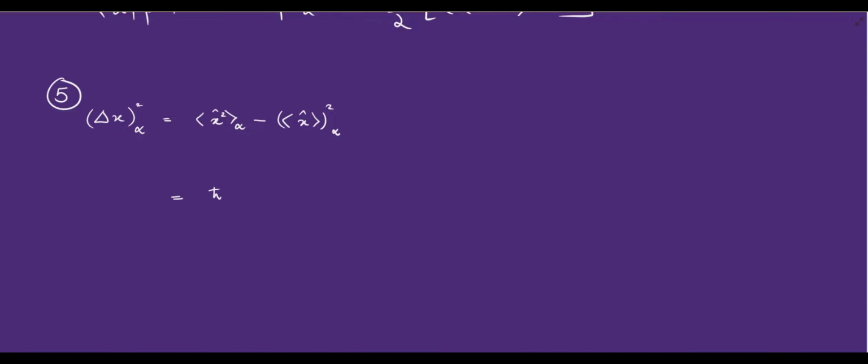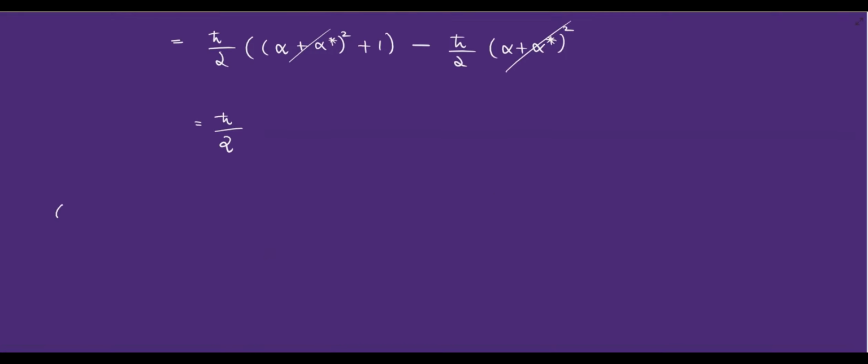This is equal to h bar by 2 times (alpha plus alpha star) squared plus 1, minus h bar by 2 times (alpha plus alpha star) squared. Now if you open this up, you will see that these will cancel, and the value of the uncertainty is equal to h bar by 2, or the variance is h bar by 2.